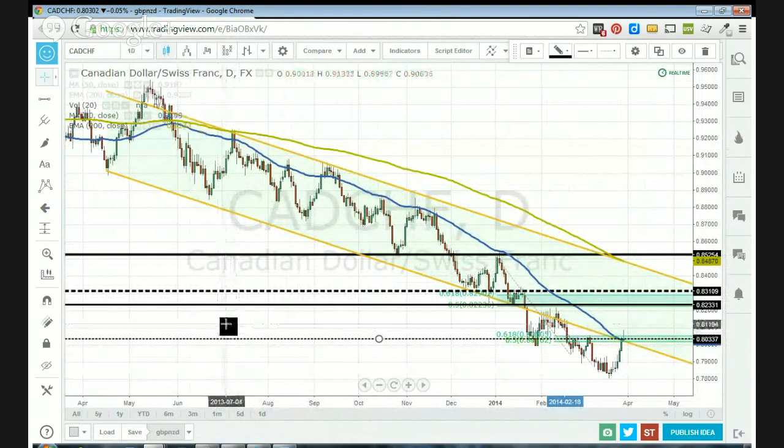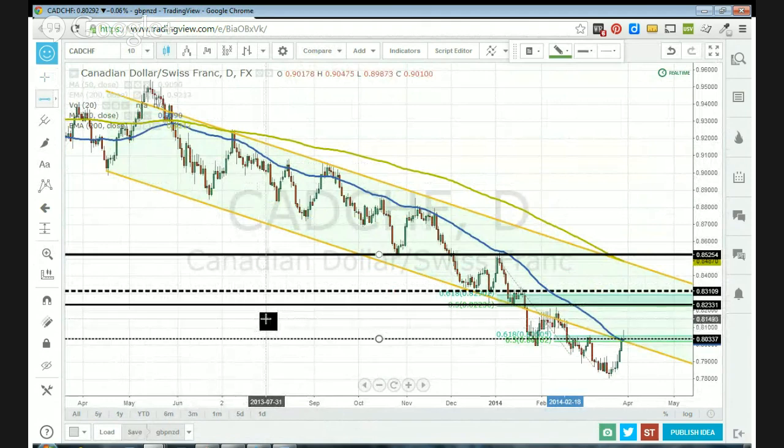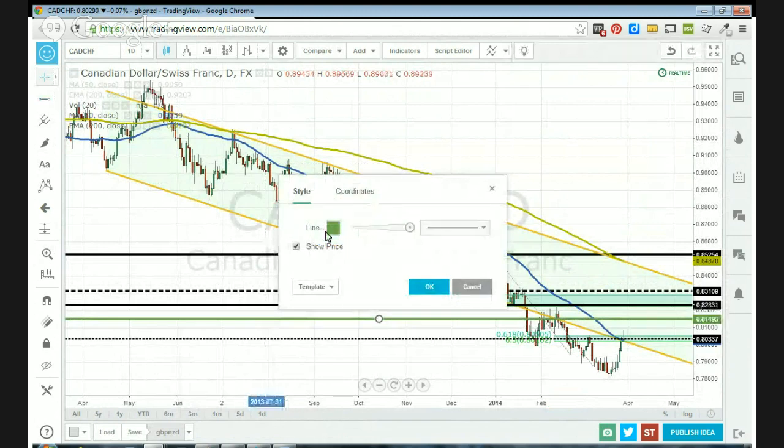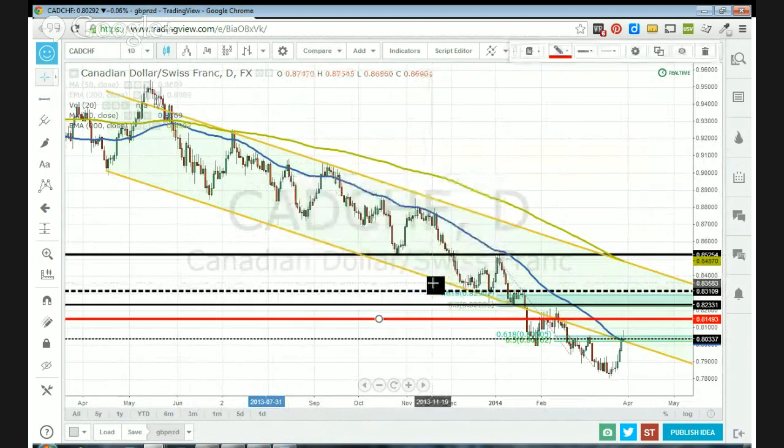Short at 80.33. Stop at 81.49. So that's kind of a big move. That is 120 pips, so we want 360 or so.